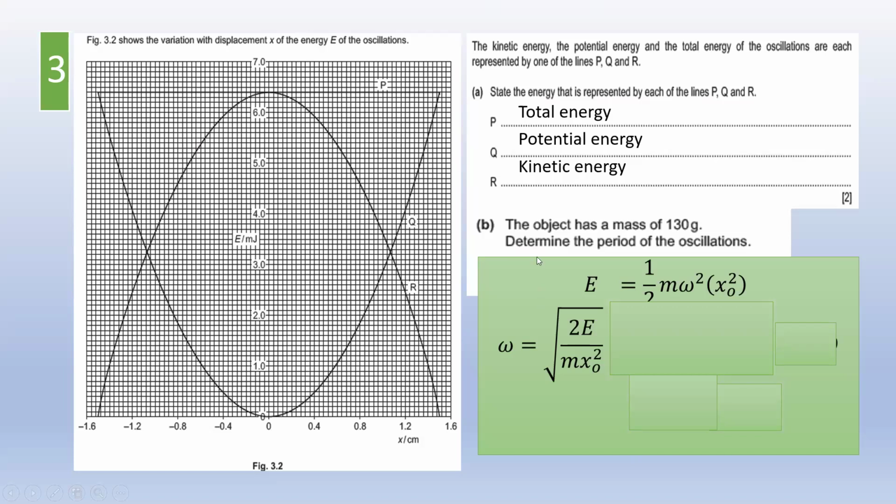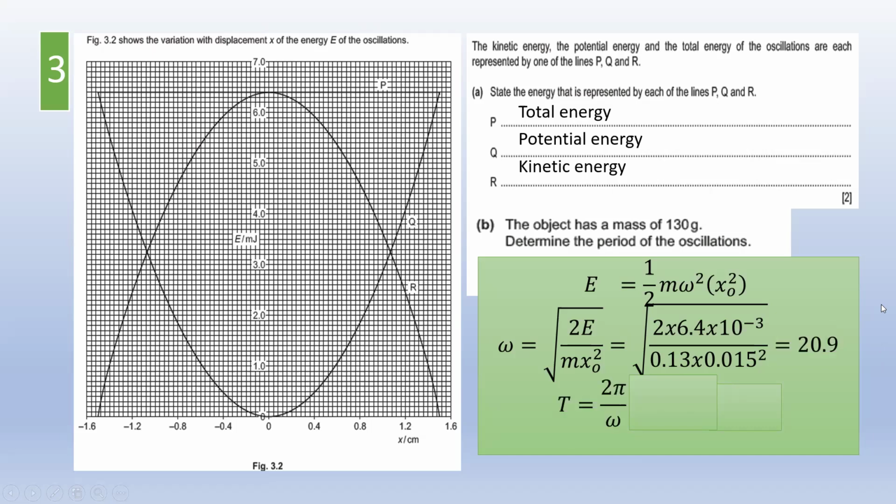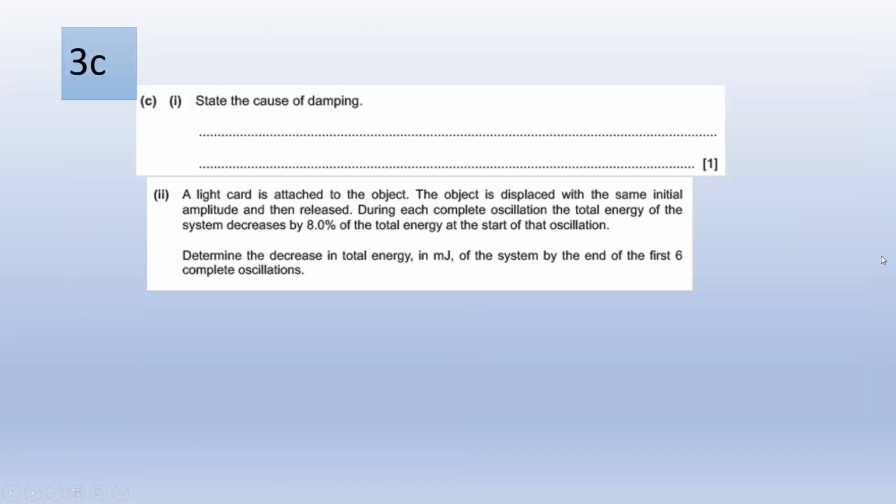Put in your value that you read from the graph. It's in millijoule, that's why 10 to the power minus 3. Then mass change to kilogram. x naught, reading from here. Then calculate, get your value. Then your period is 2 pi over omega. Okay. What causes damping?